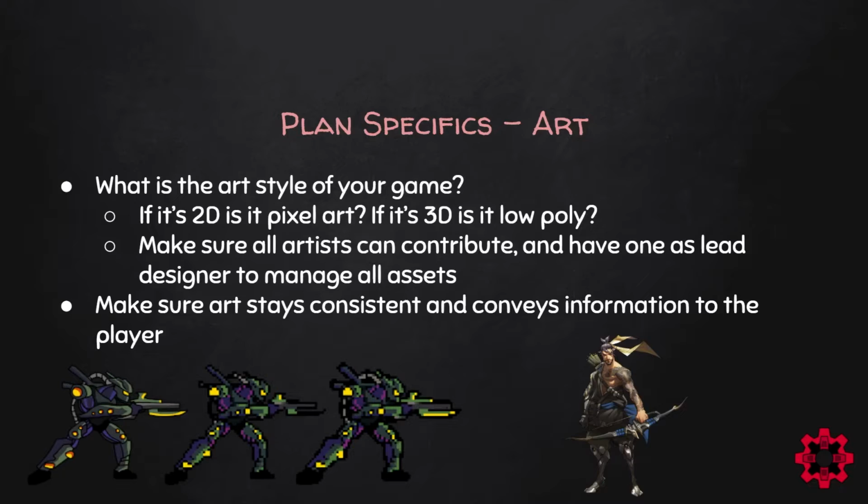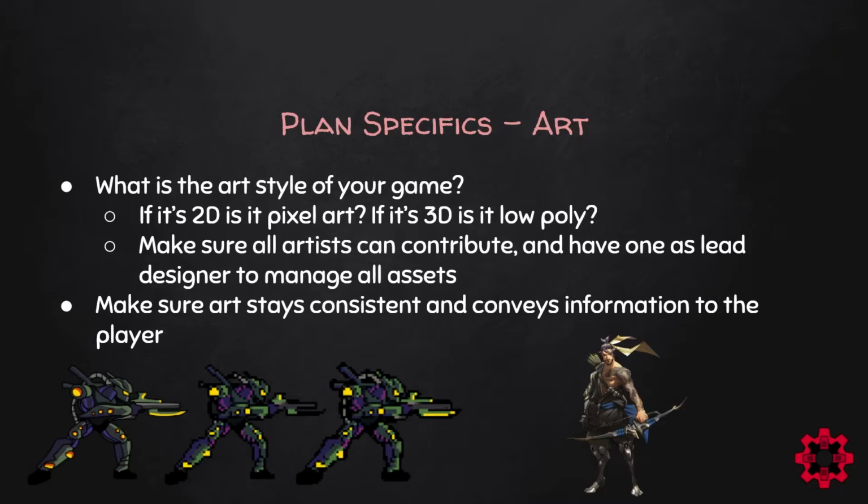Especially if you have multiple artists working on your game because everyone has a different art style. You want to make sure you stick to one art style that the other artists can emulate so that your game doesn't look too disjointed when it comes to all the different kinds of artwork that you have in there.